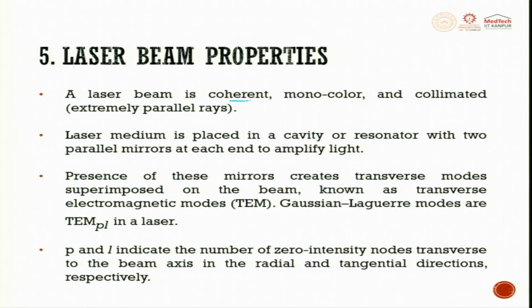A laser beam is coherent, monochromatic or monocolor, collimated, extremely parallel light which comes out. The lasing media is placed in a cavity or resonator with two parallel mirrors at each end to amplify light.